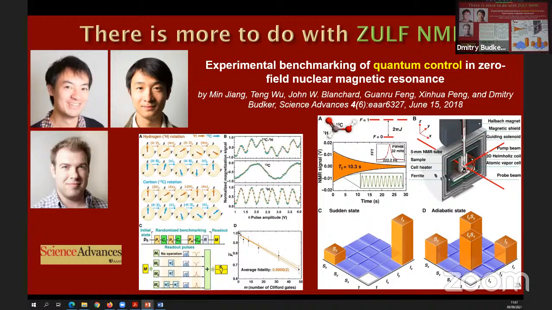And so that looked like a quick experiment. It's a usual trap. It took several years for us to do it in the end, and we couldn't even complete it at Berkeley, so we had to finish it at Mainz. But then it worked, and the idea here is that we actually demonstrate a complete set of quantum two qubit quantum gates, with one qubit being the proton and another qubit being the C13.